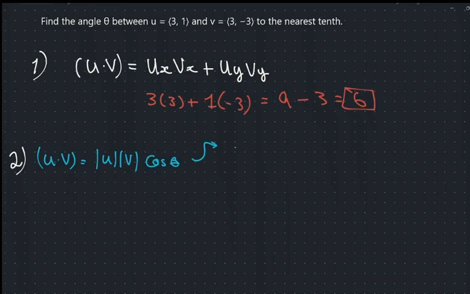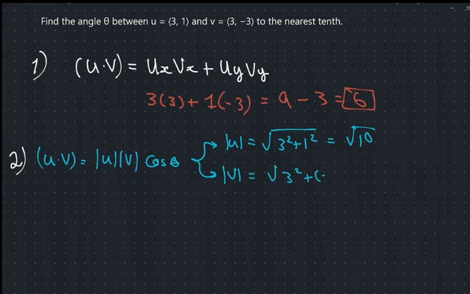Therefore, we want to find u and we want to find v. u can be found, of course, using its values, which is 3 squared plus 1 squared, which is equal to root 10, and v is 3 squared plus minus 3 squared, which is equal to root 18.